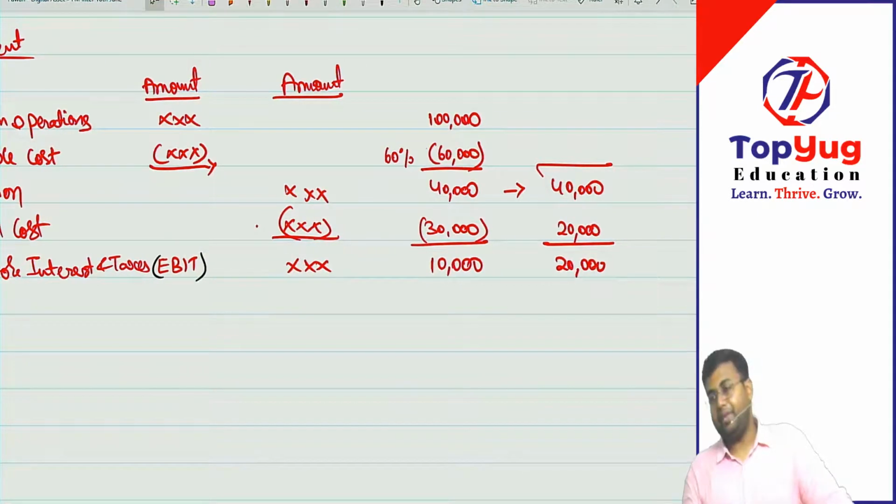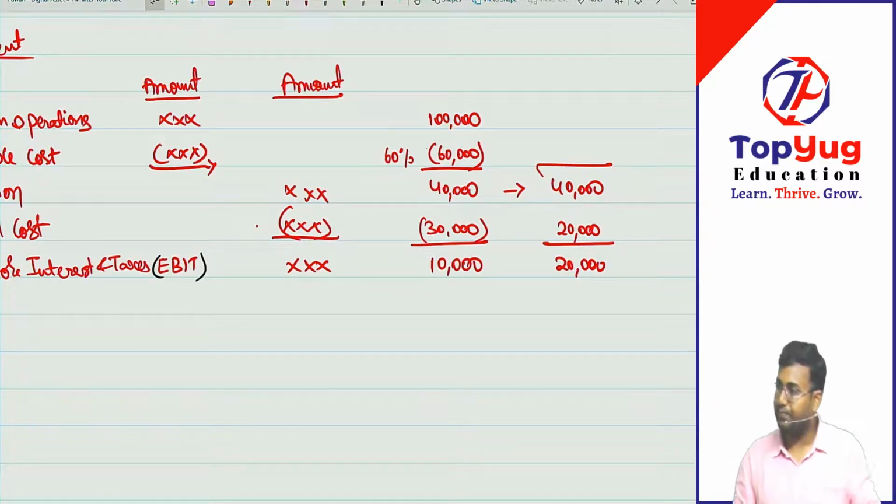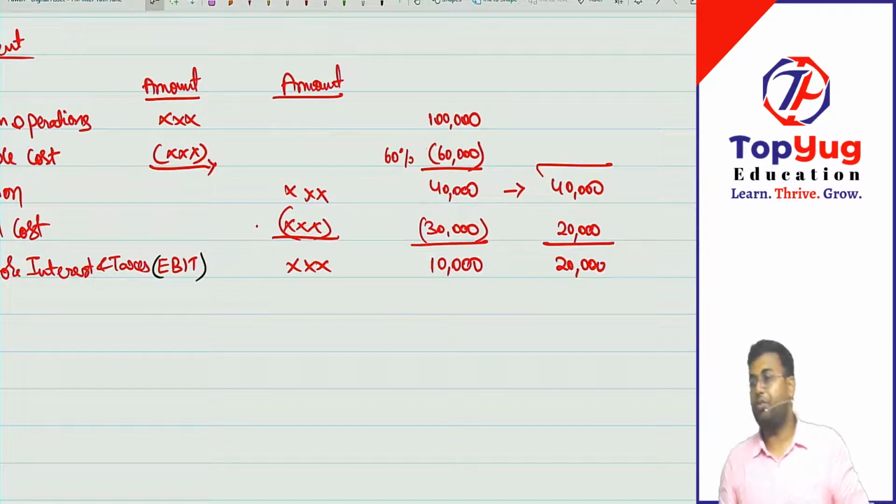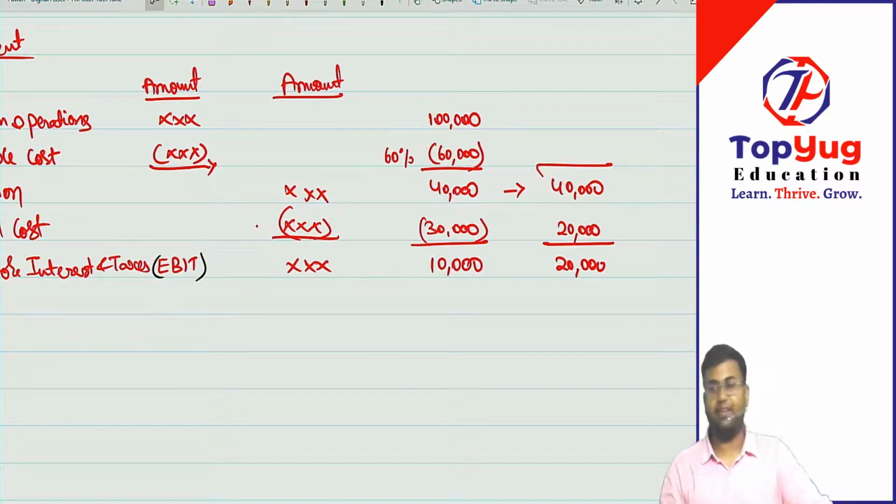So can you tell me what has happened? Am I able to earn more only with a lower expenditure? Yes or no? Yes. So can I manage my fixed cost? Possible, right? I might have 10 employees. Now say COVID has started, I don't require employees, I fire them.